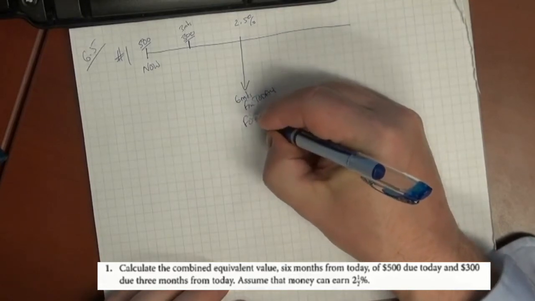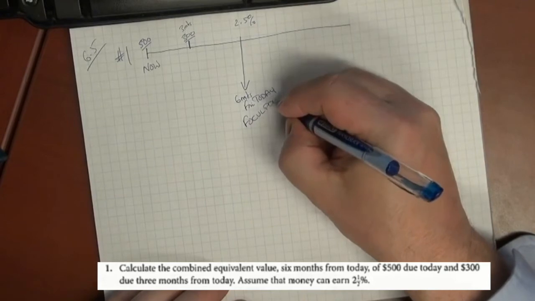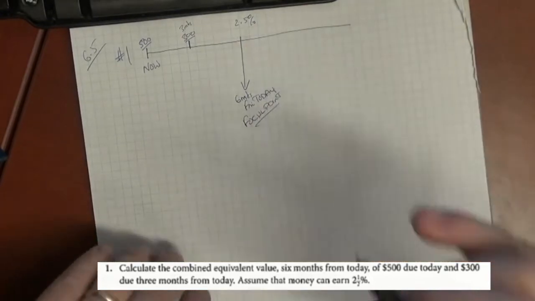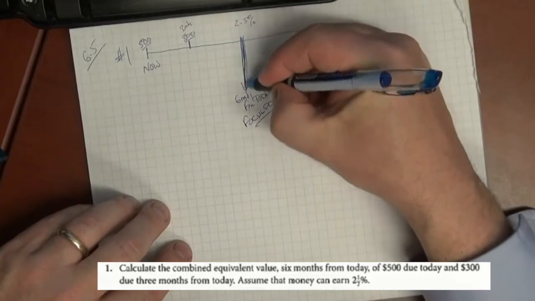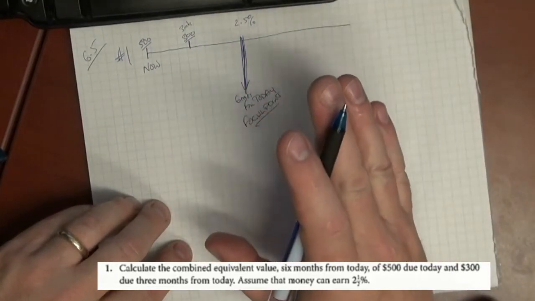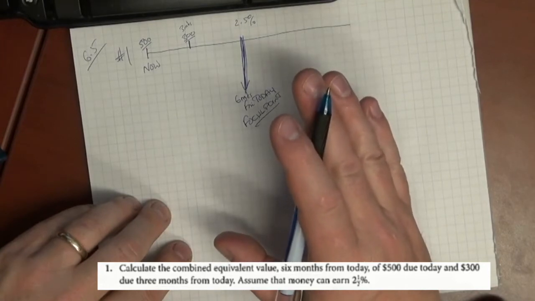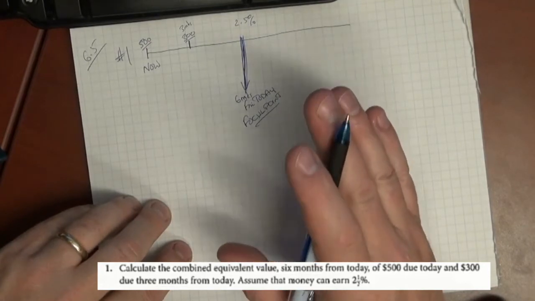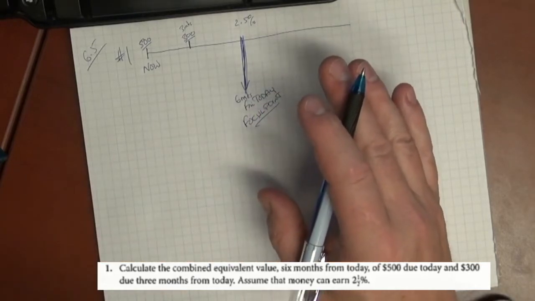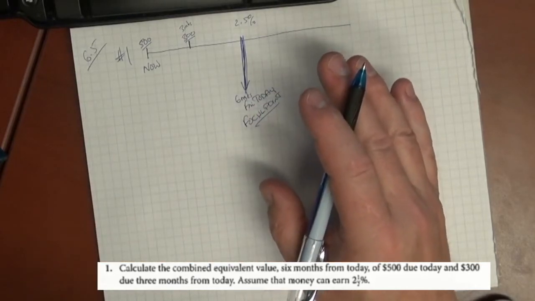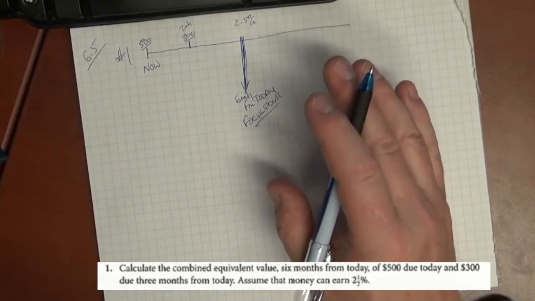This is called our focal point. And when we look at the focal point, we need to ask ourselves which direction we are looking: forward or backwards? What is the general flow of the dates?